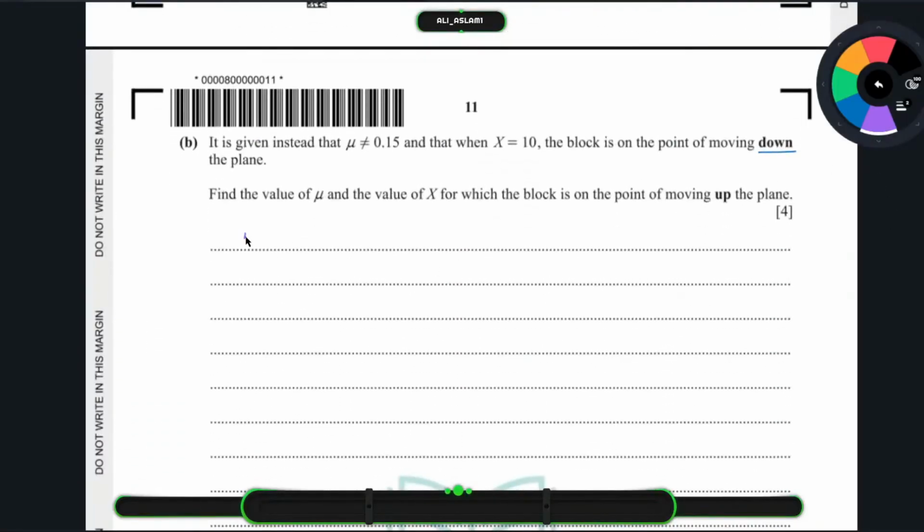So 53.665 is now equal to F plus X, where F is the frictional force, and X is 10. So 53.665 minus 10, that would be 43.665. Right.